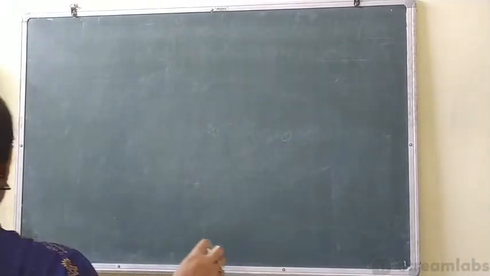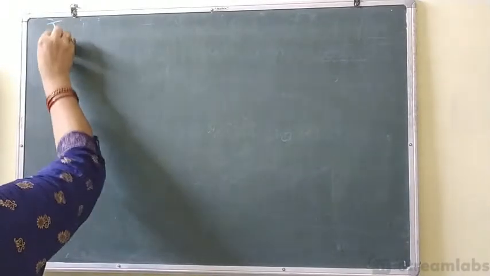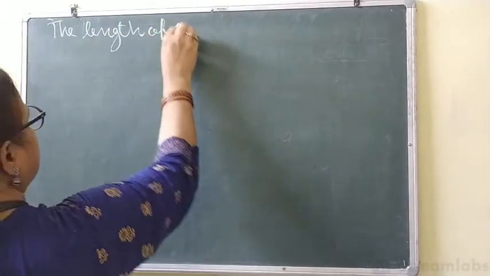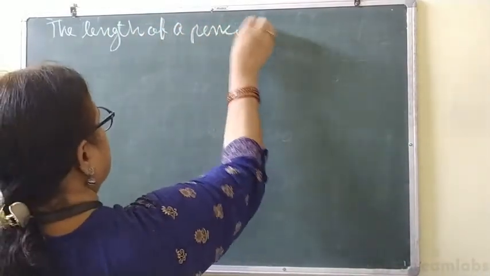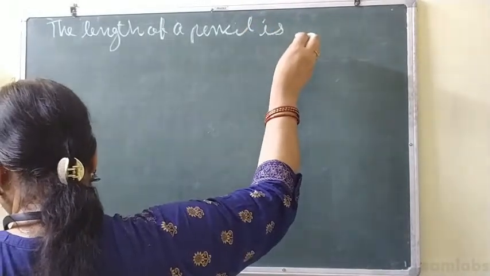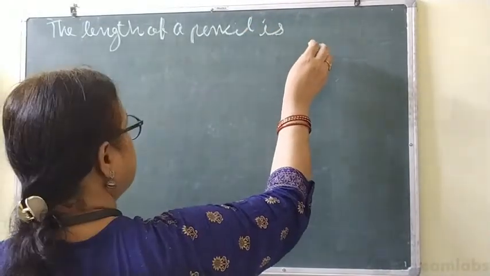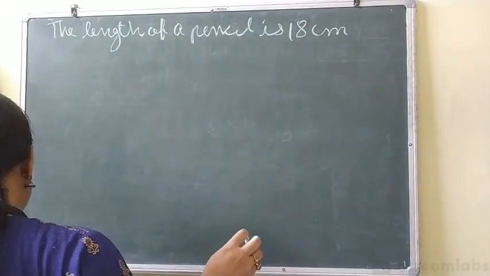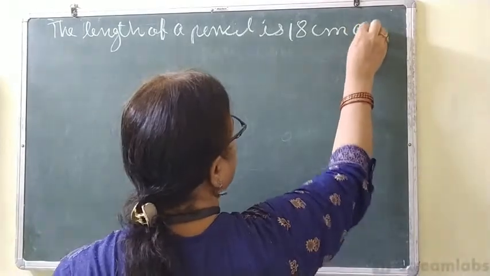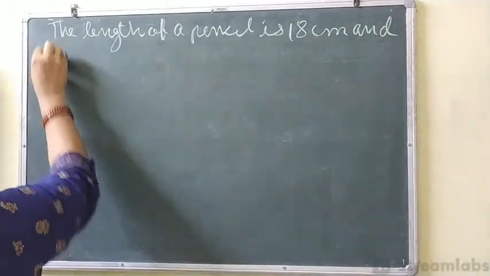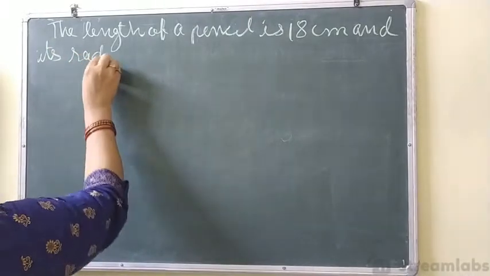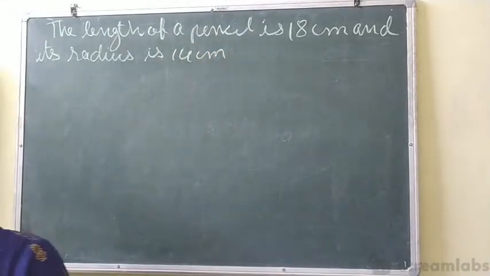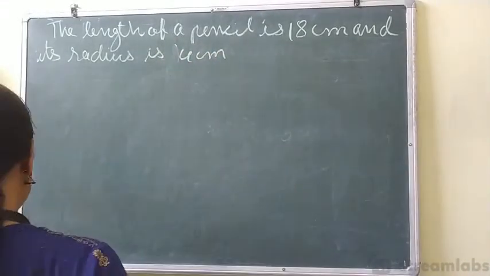Next question. The length of a pencil is 18 centimeter and its radius is 4 centimeter.